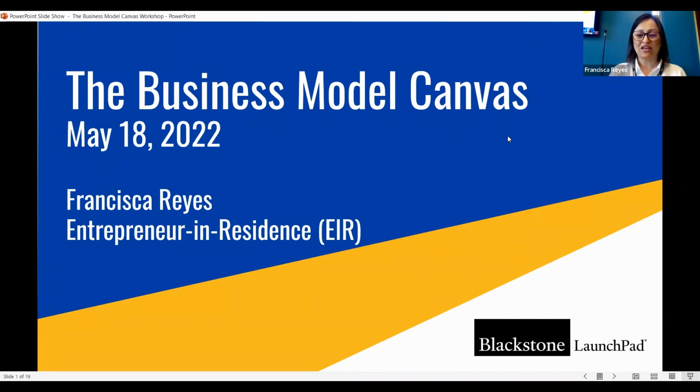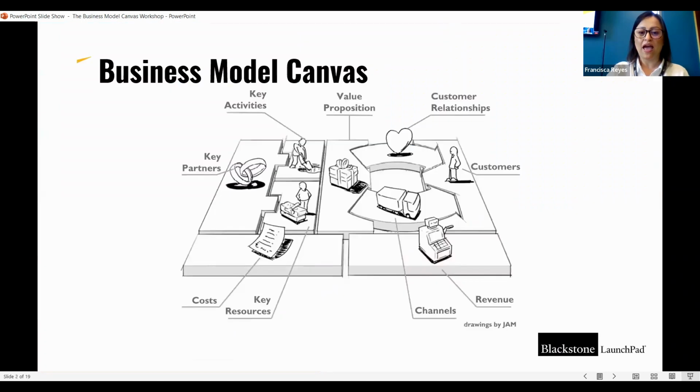When a lot of people think of a business plan, it's a very long document and it's useful, but sometimes we need to start with a more simple method to address certain things about our business. So with that said, I'm presenting to you the business model canvas.